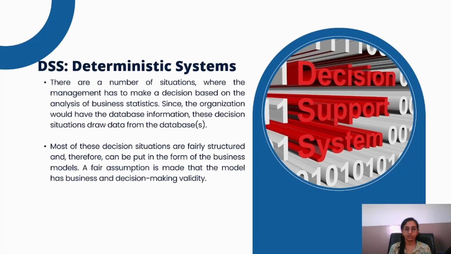Since organizations maintain databases with various types of information, these deterministic decision situations draw data from these databases. This data is then used to analyze and make informed decisions. Most of these decision situations are fairly structured, meaning they follow a specific predictable pattern.